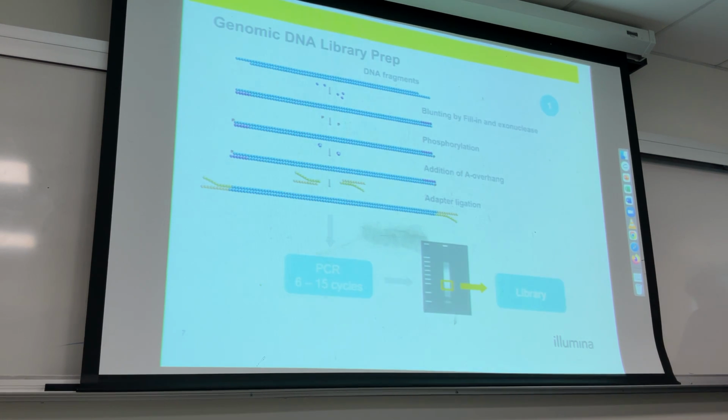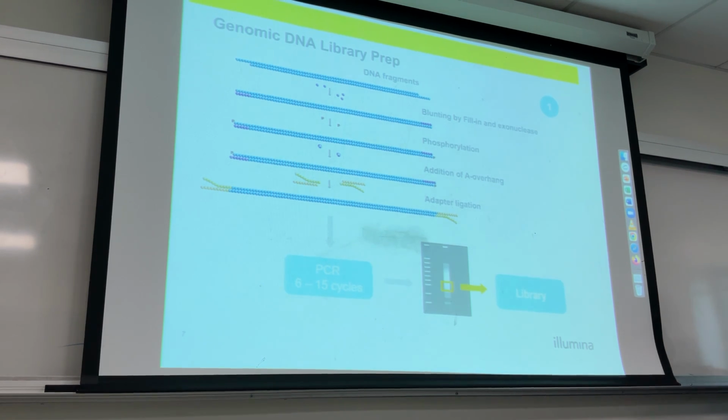So what happens is, as I've sort of said, you get your DNA fragment, you blunt it with an exonuclease. You can cut it back or you can fill it in however you want. You phosphorylate so that you can have a 5' phosphate. You add an A overhang to it, and then you're adding that adapter that has an extra T on the end right here, and ligase is making that joint.